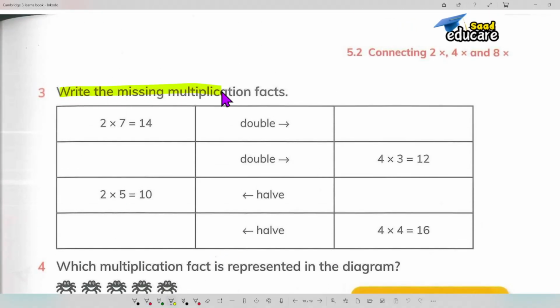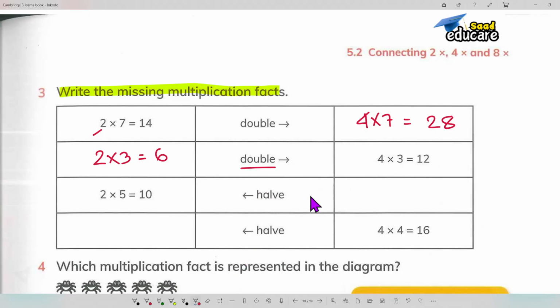write the missing multiplication fact. So here we have to make double. So 2, it will become 4 times 7, here is 28. Here is double. So 2 times 3 is 6. So 2 double, it means 4 times 3 is 12.